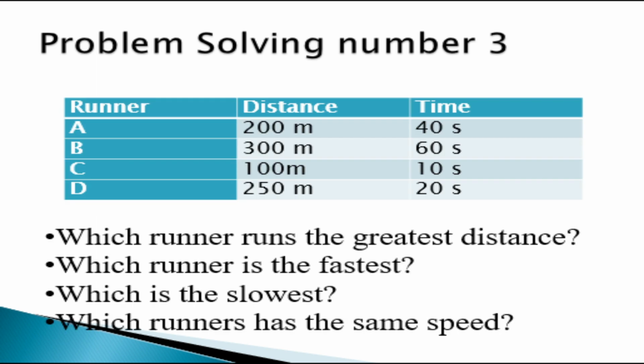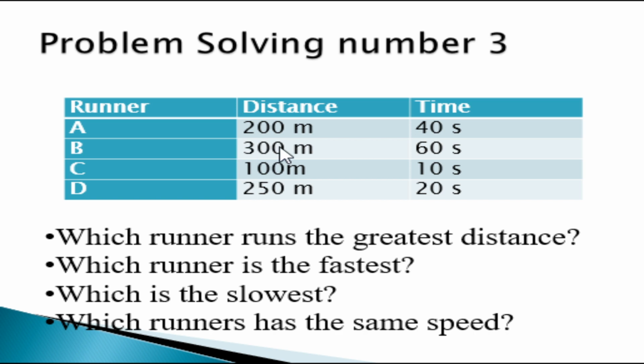This example deals with speed and velocity with the same value because no direction is being indicated on the distance. So let's have the first one. We have here a table: runners A, B, C, and D. Runner A runs a distance of 200 meters in 40 seconds.